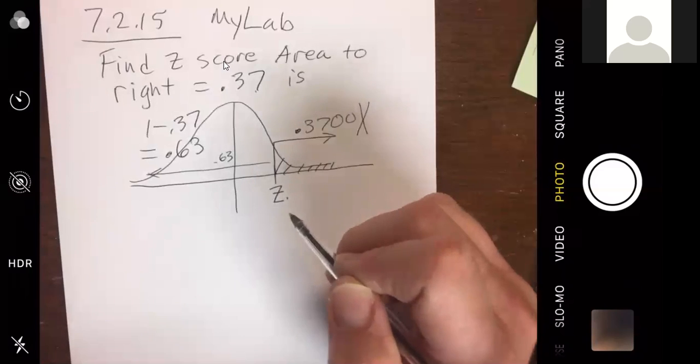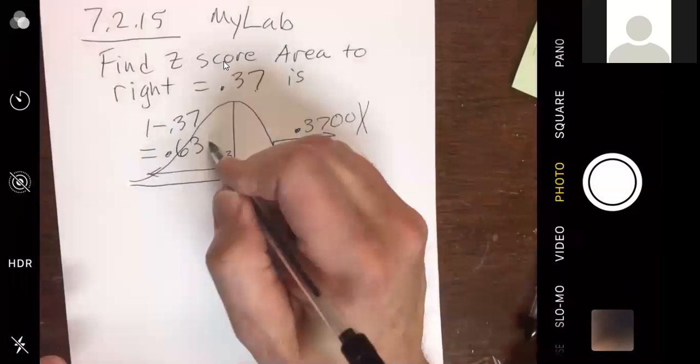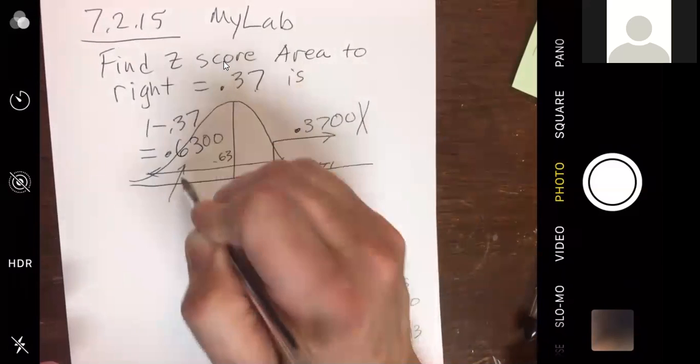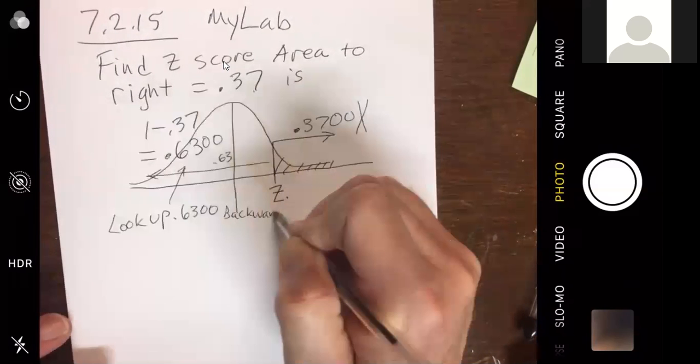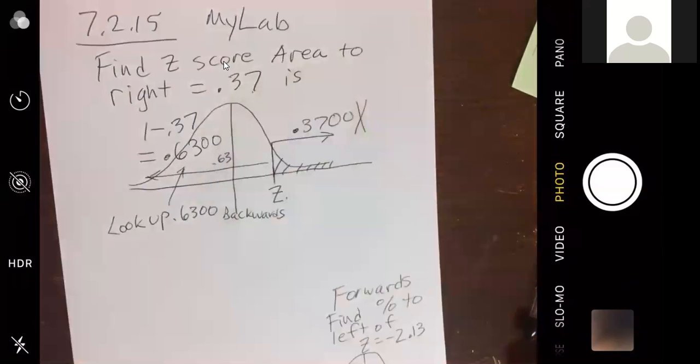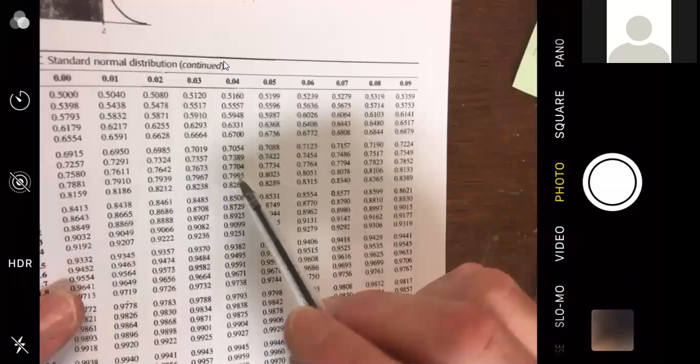So I try to teach everybody to switch this to the left side. And this is what we want to look up: 0.6300 backwards. Which means I'm looking inside the table for as close as I can get to 0.63.